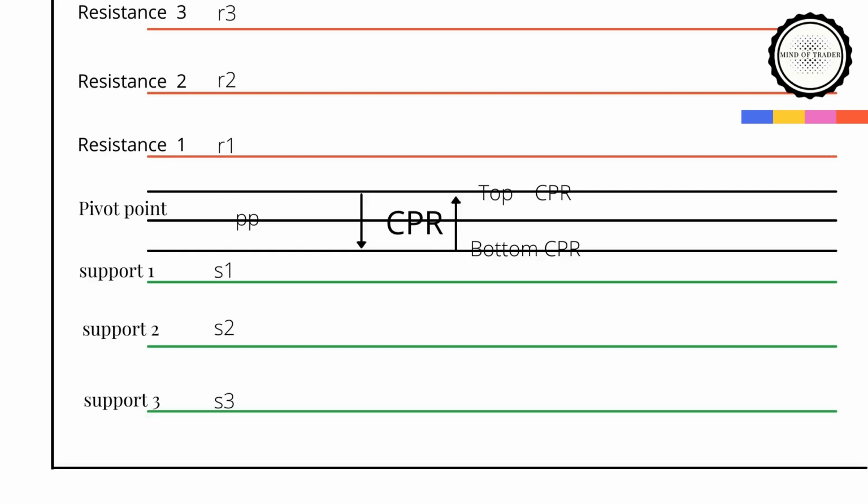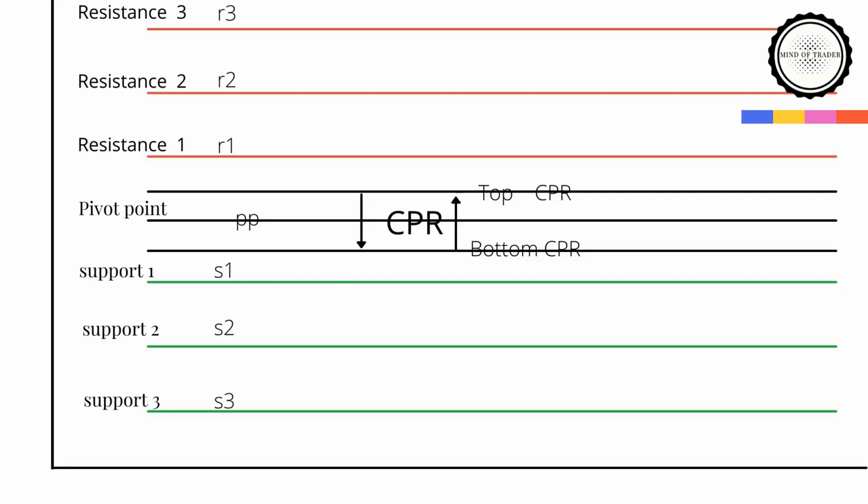It looks the same as pivot points. However, as I told you, the middle line which says pivot point has a line above it and a line below it. The top line is called top CPR and the lower line is called bottom CPR, completing the whole CPR.